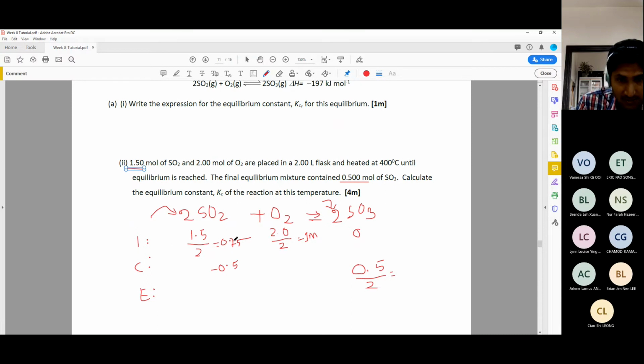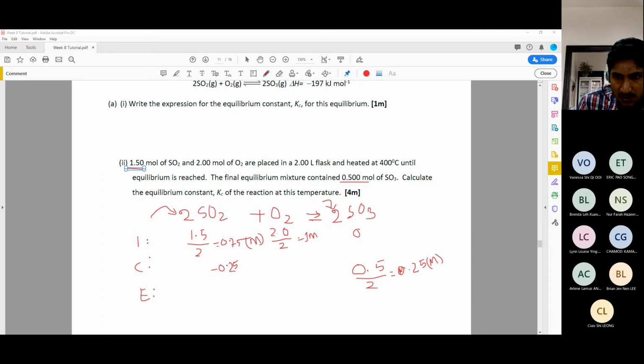This is how important the unit is. If you are using concentration in molar, use molar for everything, otherwise it will be really messed up. So 0.25 molar here as well. It will be negative 0.25, not 0.5.